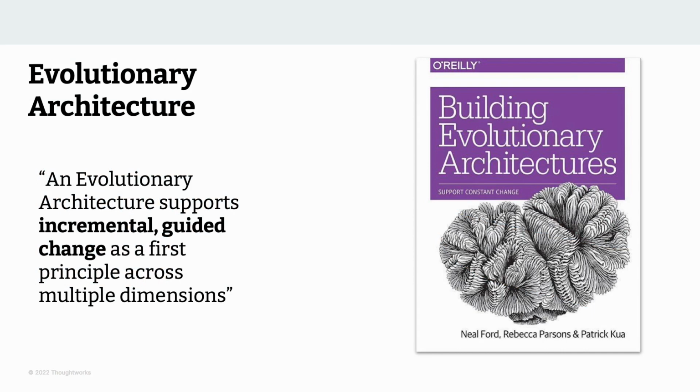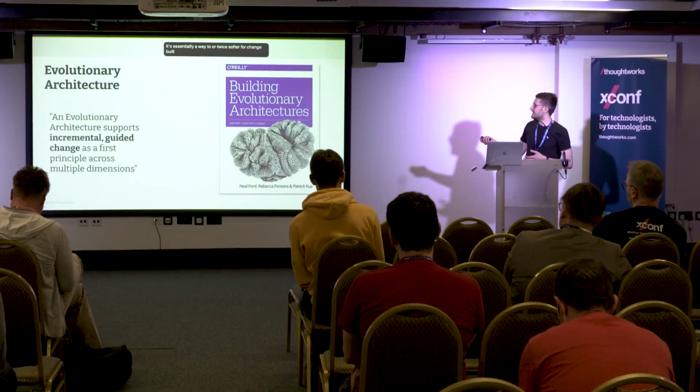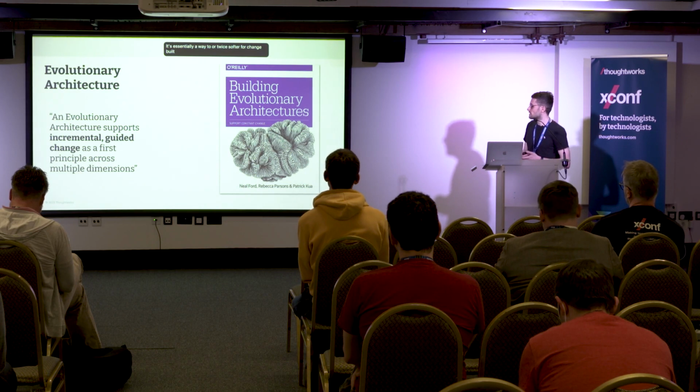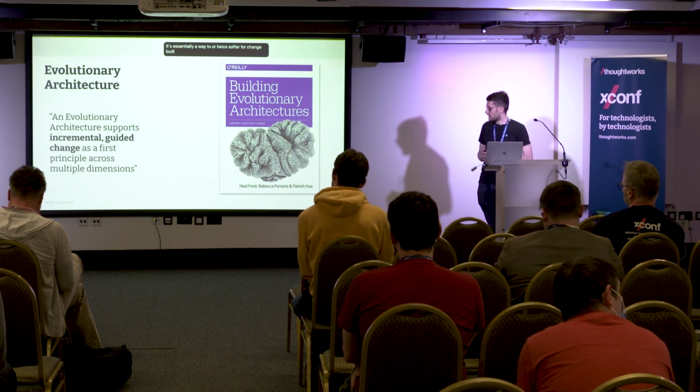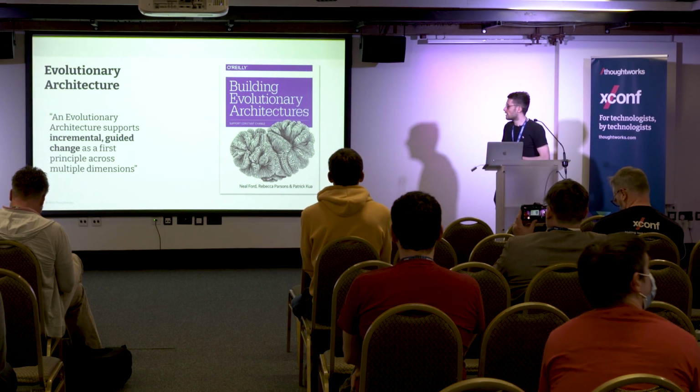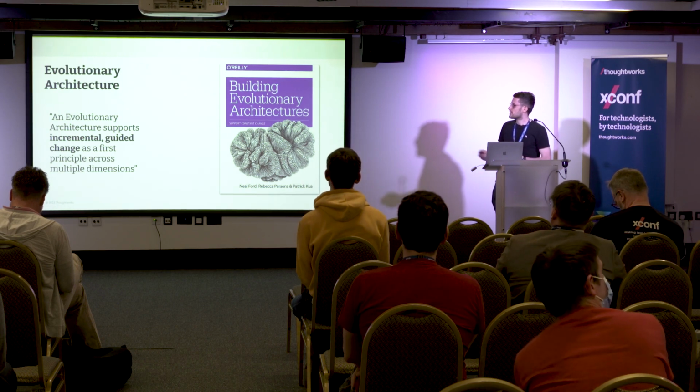Evolutionary architecture is essentially a way to optimize software for changeability. Evolutionary architecture embraces change because change is inevitable. You can see here the cover of the book that our Thoughtworks CTO, Rebecca Parsons, Neal Ford, and Pat Kua wrote a few years back.